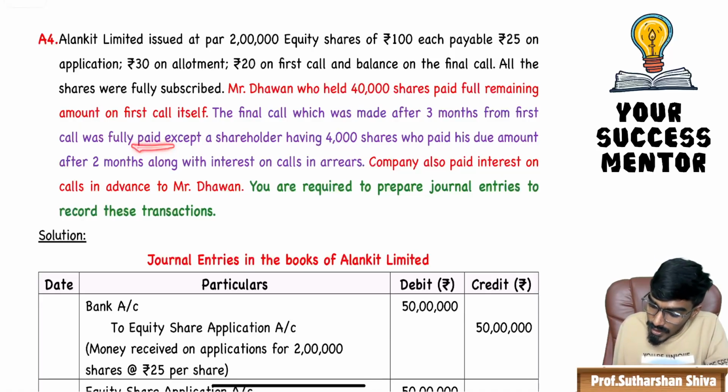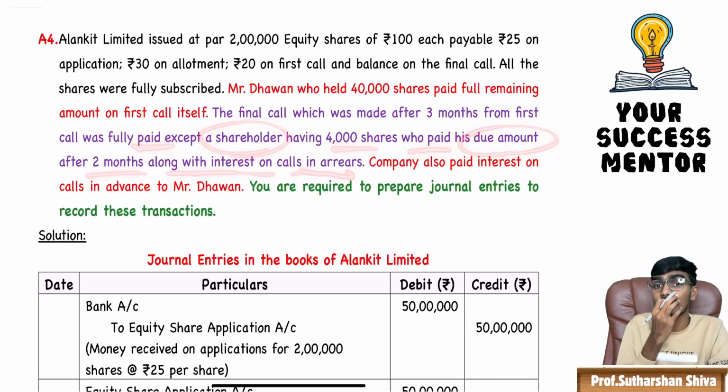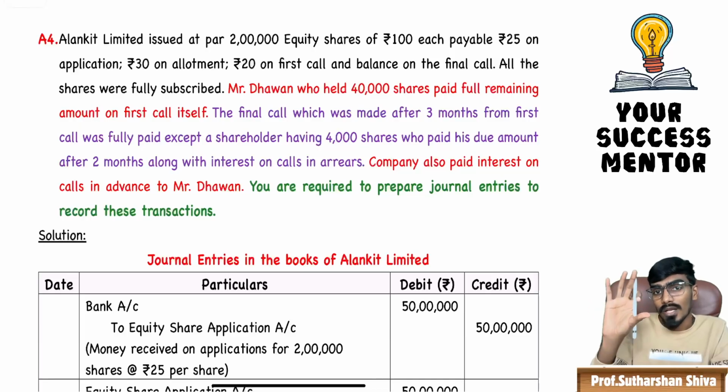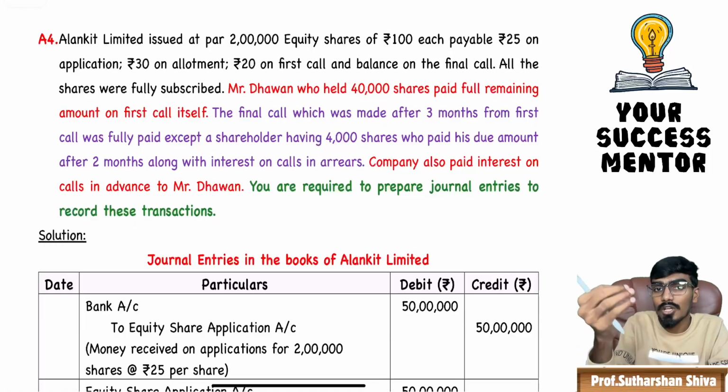Fully paid, except a shareholder having 4,000 shares who paid his due amount after 2 months along with interest. Calls in advance was the earlier question; this question is calls in arrear. One shareholder is not paying the final call money.